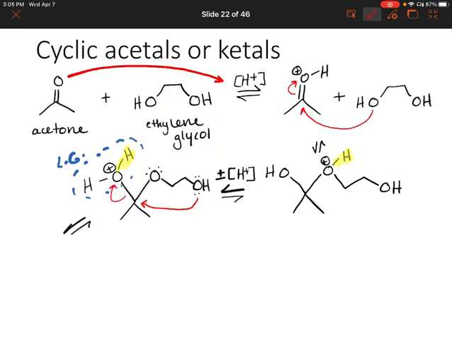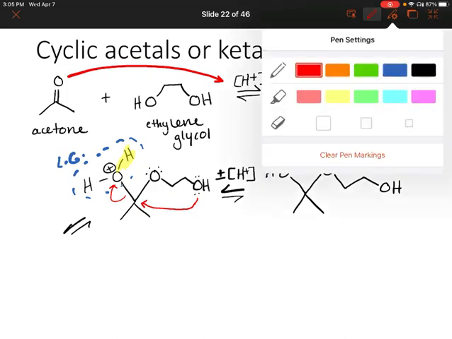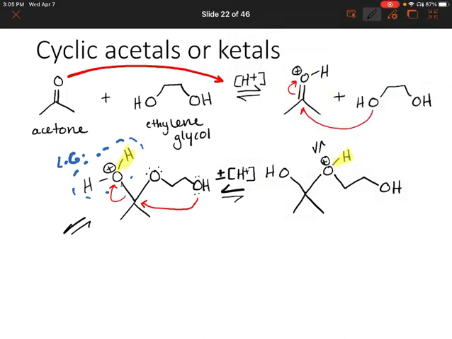So the oxygen way on the right is actually coming in and attacking the central carbon there. So we're going to end up with the following. And we just formed water as a byproduct as well.